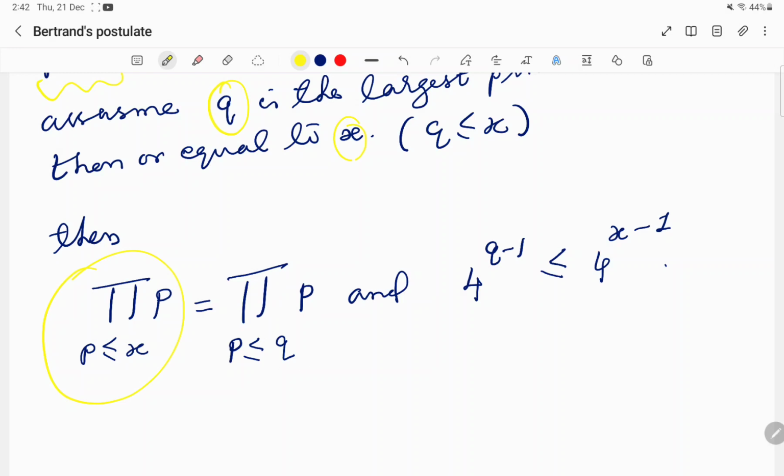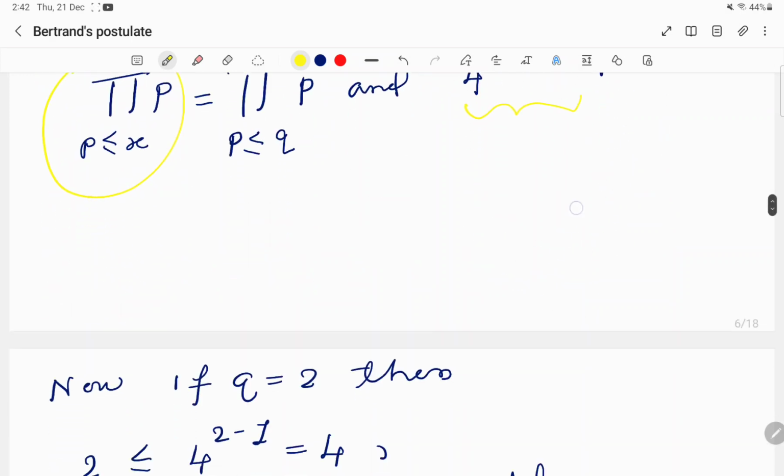Because we are talking about only prime numbers, I can avoid the real number if it is not a prime number, so I can find the largest q. And also it is very clear that because q is less than or equal to x, definitely 4 power q minus 1 is less than or equal to 4 power x minus 1.